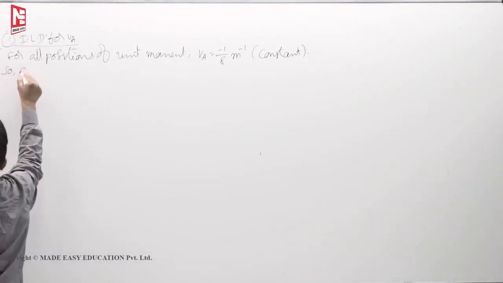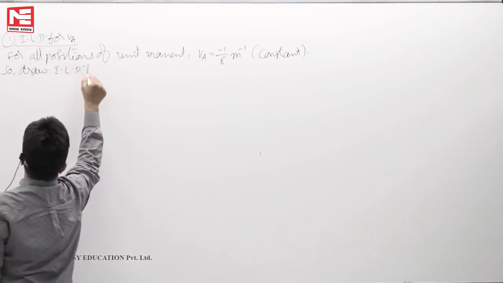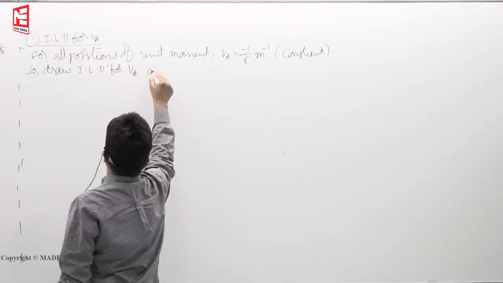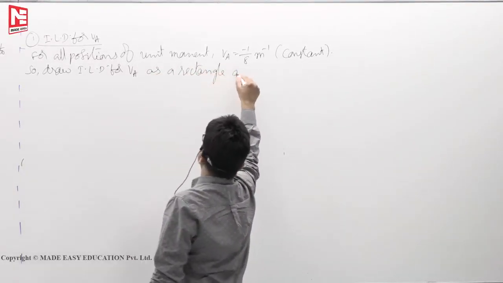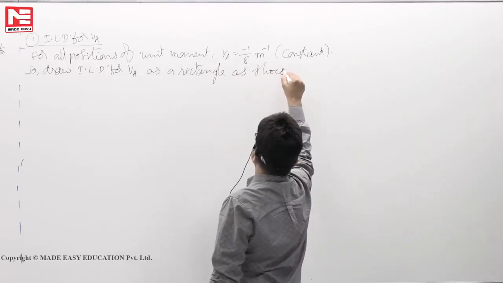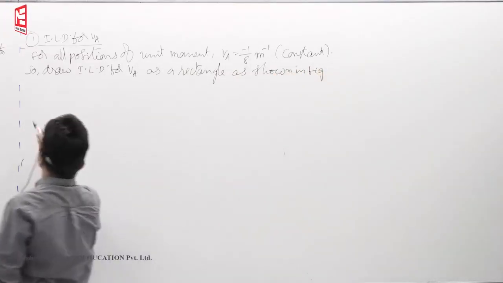So, draw ILD for VA as a rectangle, as shown in the figure.